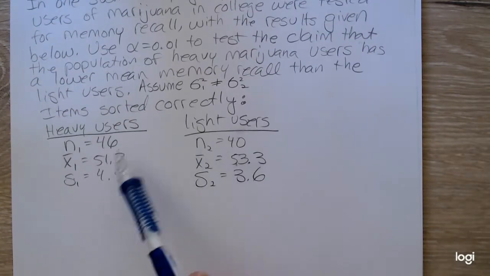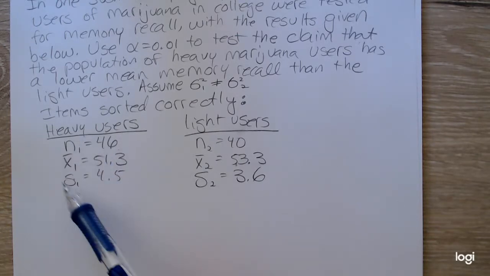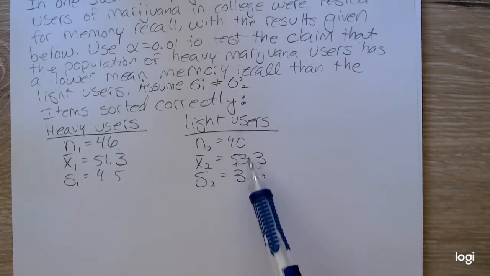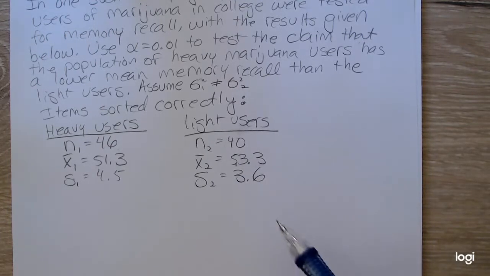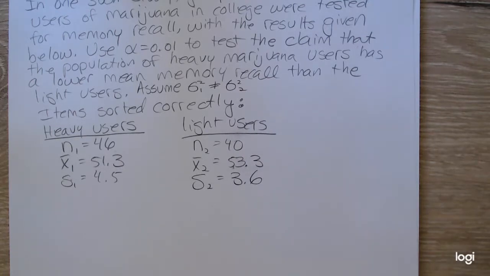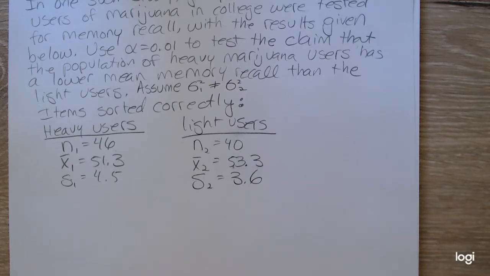So I have the summary information for the heavy marijuana users and the summary information for the light marijuana users. I need to write the claim as a mathematical statement in terms of mu sub 1 and mu sub 2, and then structure the null and the alternative around that.